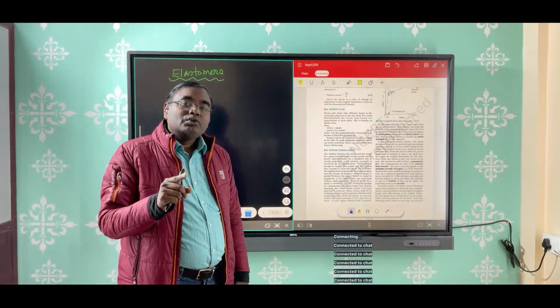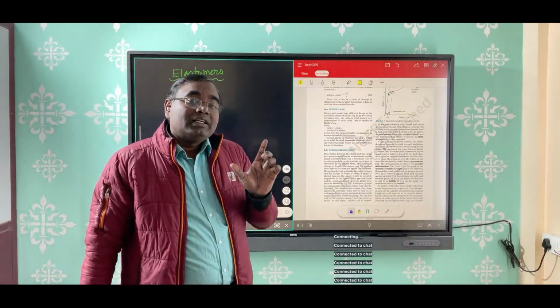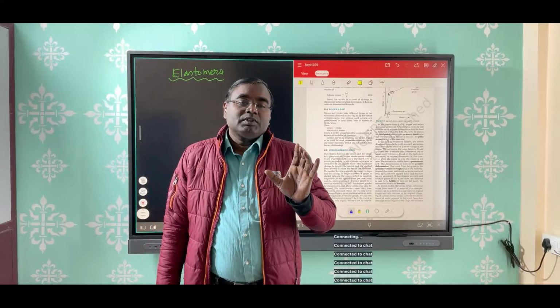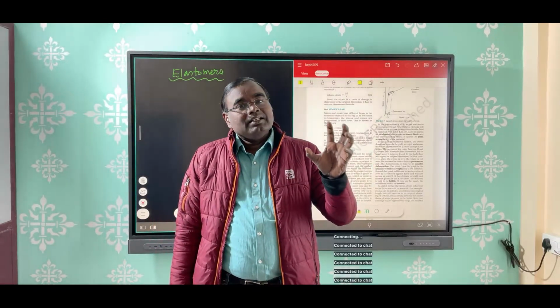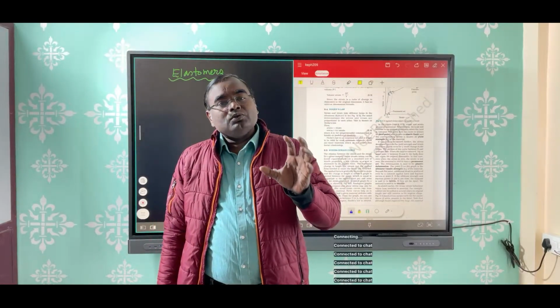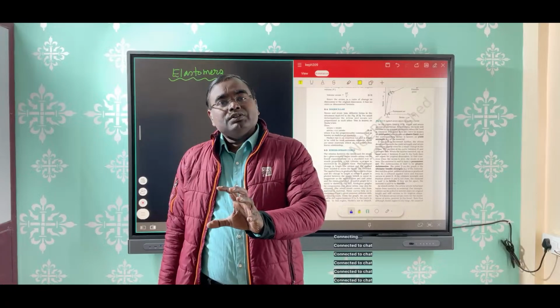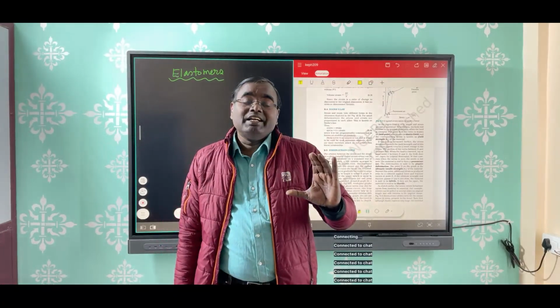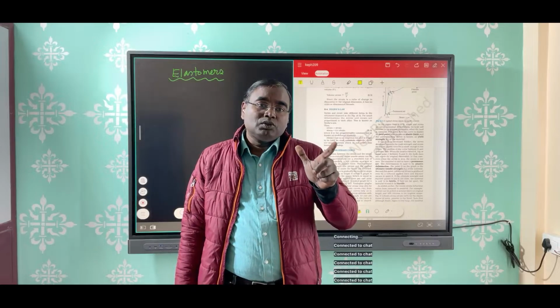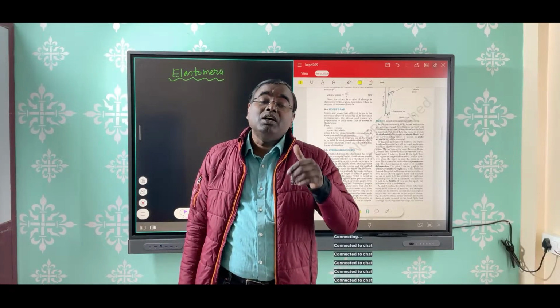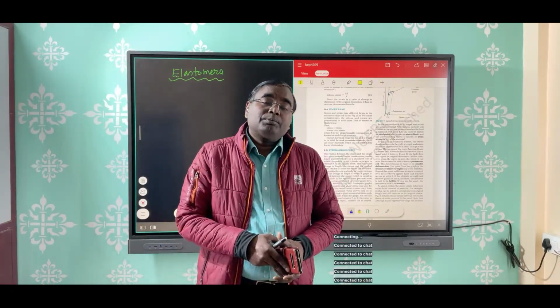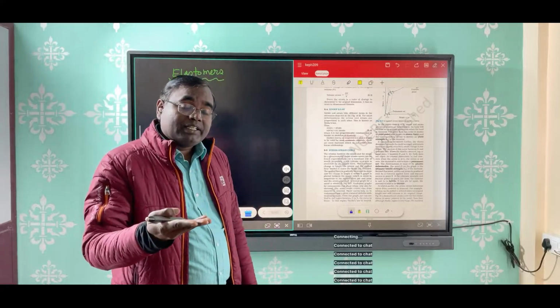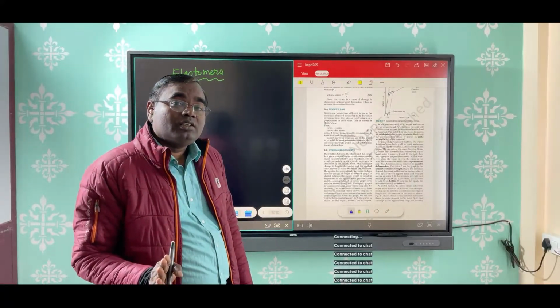What is Hooke's law? Hooke's law is the linear relationship, that is, stress is equal to some constant into strain. There is no non-linearity for the material which is following Hooke's law. But there are certain materials which do not follow Hooke's law.